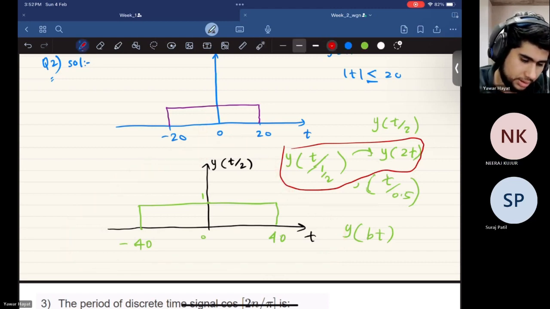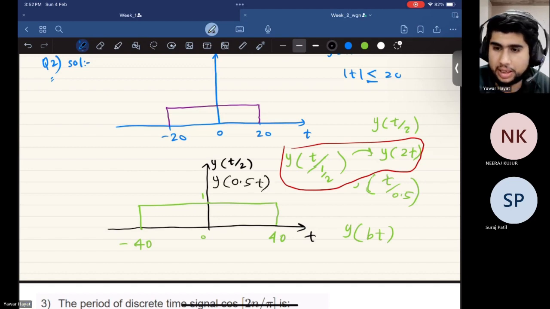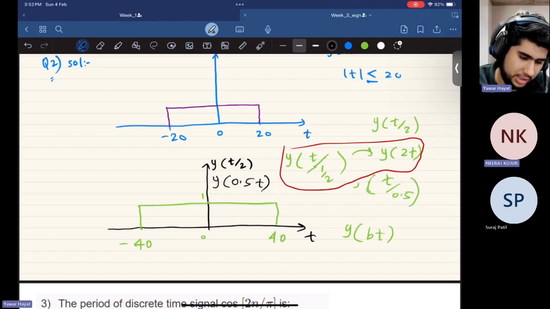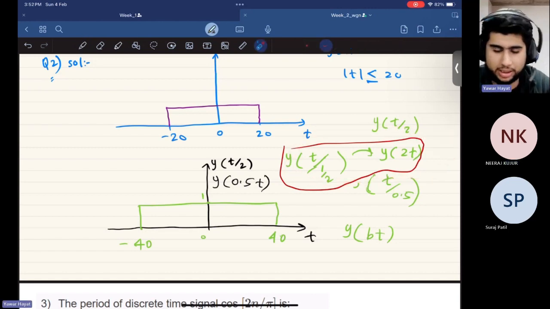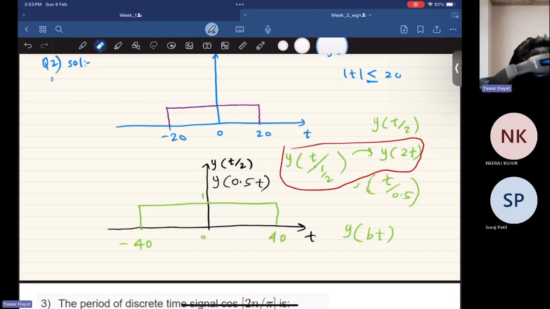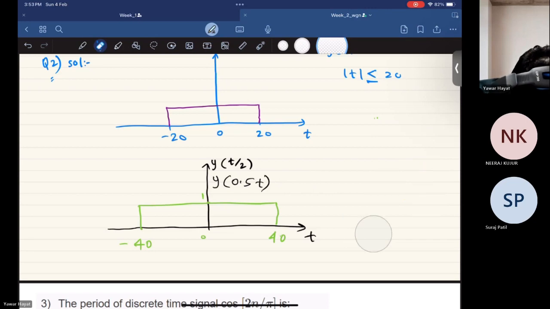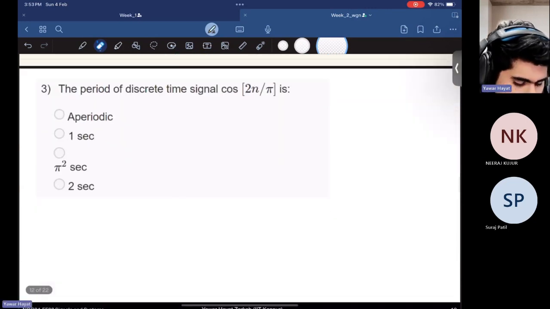Yes, this is expansion because this can be written as 0.5 t, and since b is less than 1 and greater than 0, this is expansion. And what would this operation be if b is greater than 1? Compression, right? I'm sure you would be able to figure it out. Let's move on to the next question.